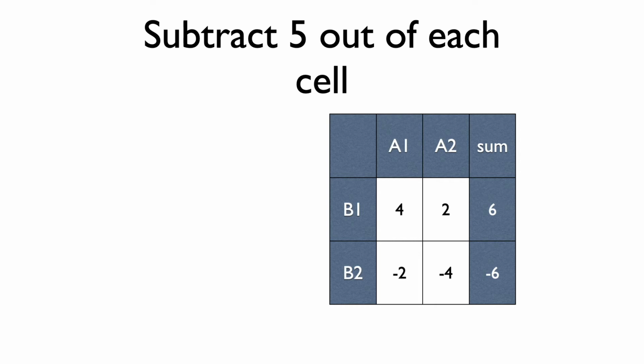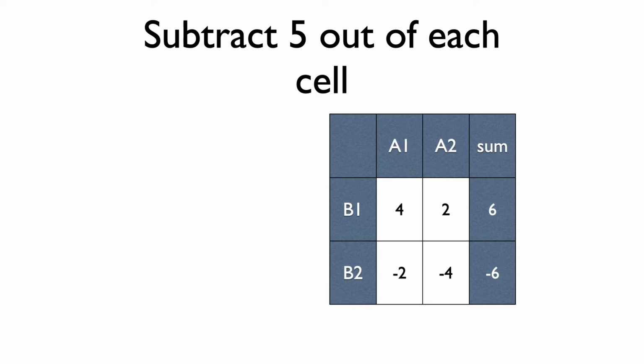And so what we end up with is 9 minus 5 is 4, 7 minus 5 is 2, 3 minus 5 is negative 2, 1 minus 5 is negative 4. The grand mean is gone. Now take a look at this. Do you know how that sums to 0?